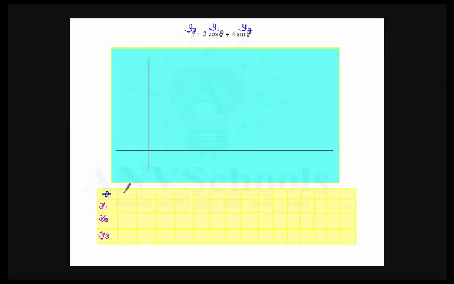So if our theta, let's begin the theta from 0 and then going to 30 degrees, 45, 60, 90 degrees, 90 plus 30 is 120, okay, 135, 150, and then we have 180, and then we have 210, 225, and 240, 270.